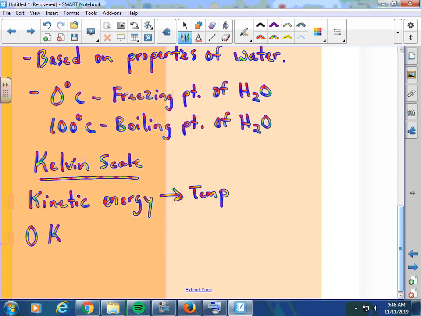Now, they don't say degrees Kelvin, by the way. If you're talking to a scientist and you said degrees Kelvin, they might think you're not really that well studied on this stuff. It's just 0 Kelvin. We don't use degrees. But 0 Kelvin would be the lowest possible temperature.